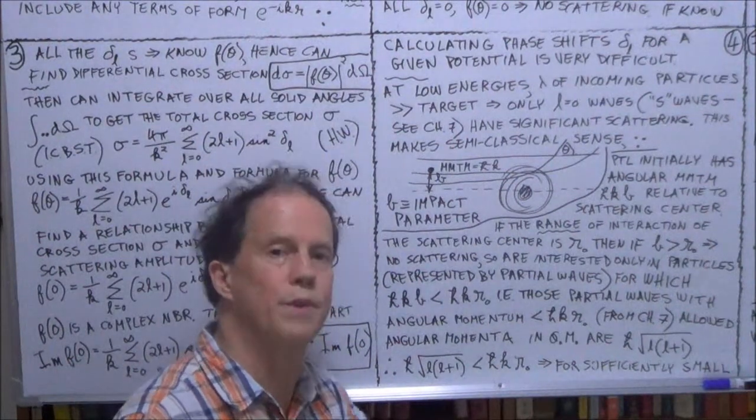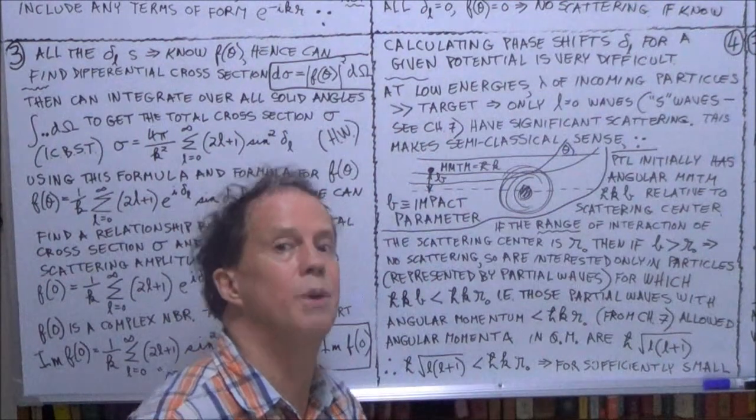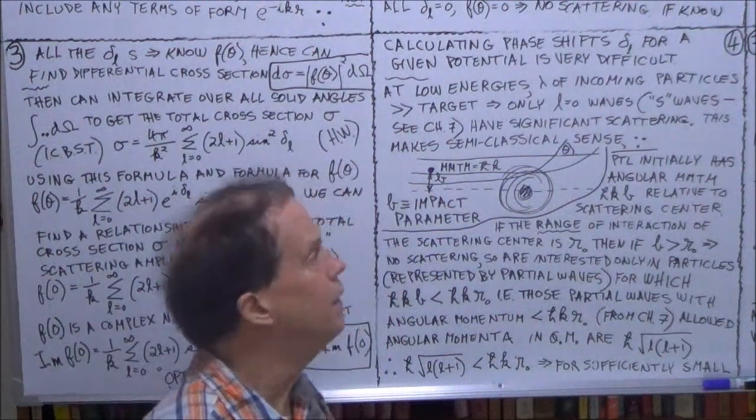So you get these sort of loops, sort of like wings coming out that vary in size depending on your theta and phi.